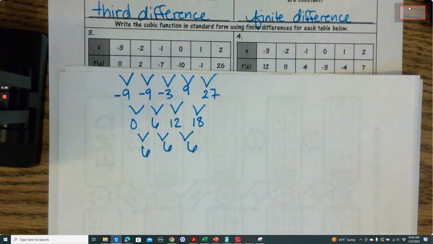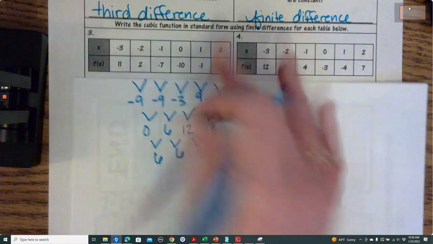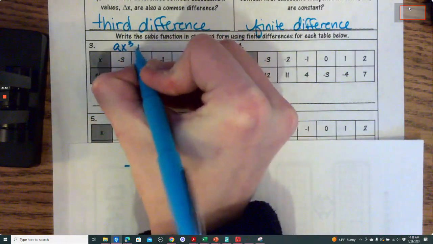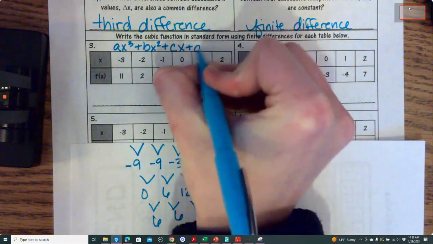All right, so the a value. We write these in the form ax cubed plus bx squared plus cx plus d.